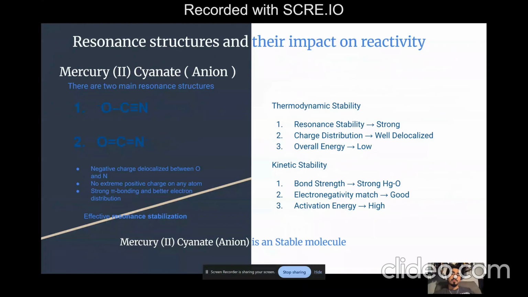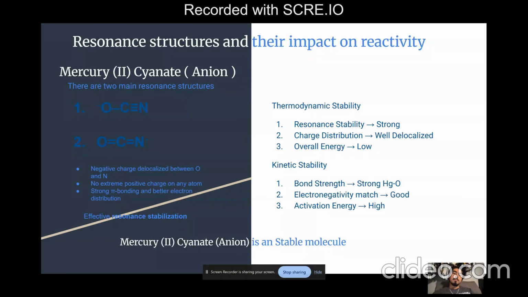So the most stable version of these two resonance structures is the first one, which has the oxygen having a -1 charge and the rest having 0. Oxygen usually likes to have a -1 charge and basically share its electron. So that's why the first one is the most stable of all the other resonance structures.